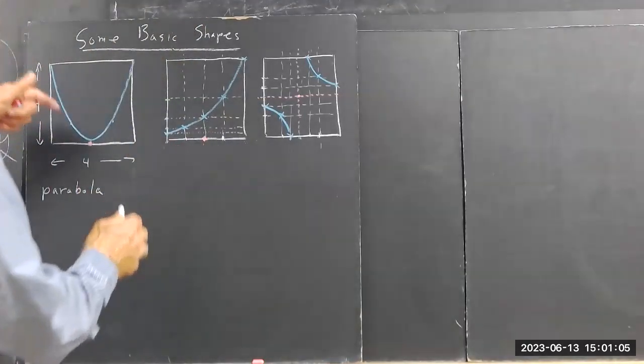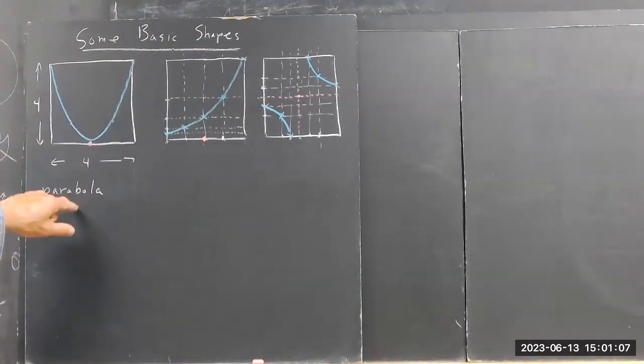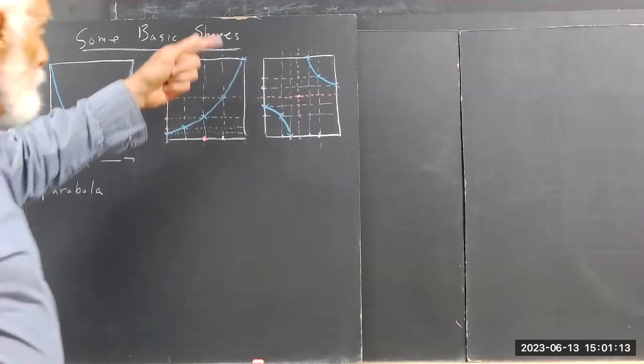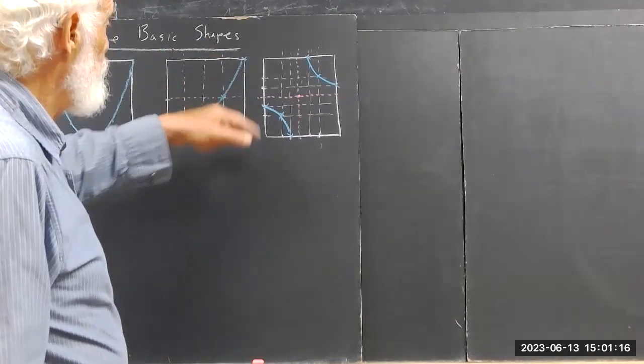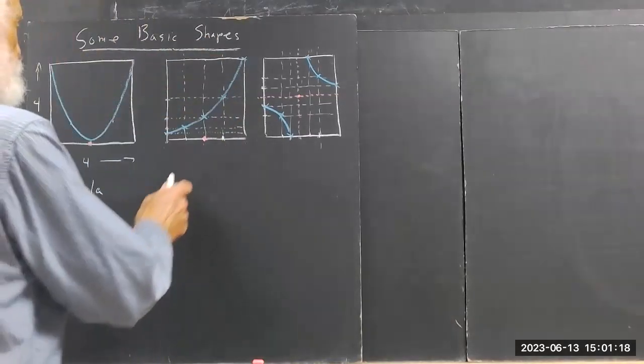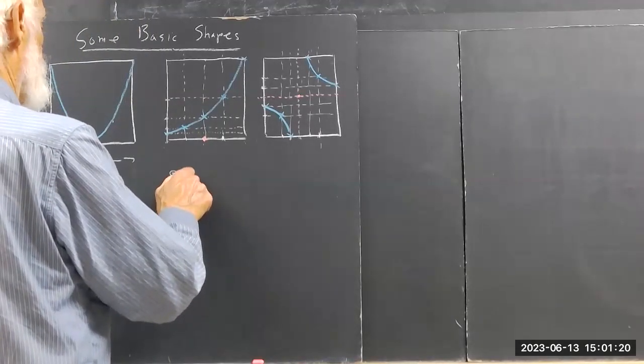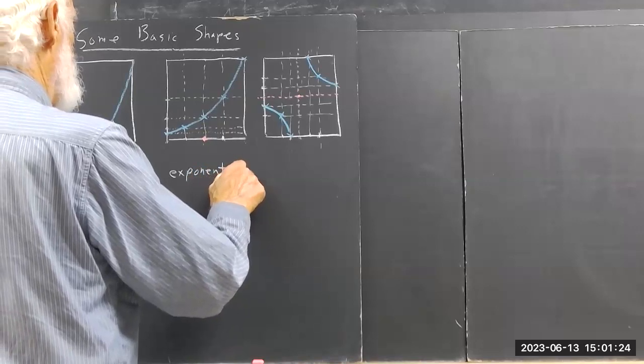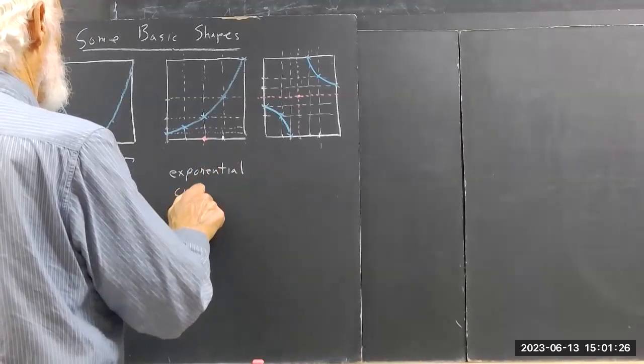Okay, now. This graph is a parabola. It's a shape you should be familiar with if you've had the prerequisite courses. Don't have a name for this one, but we're going to call this exponential.